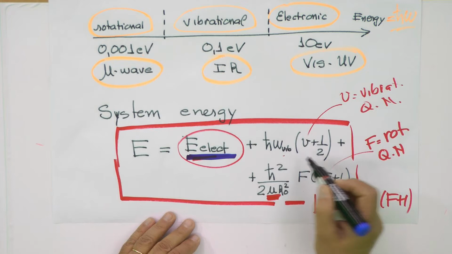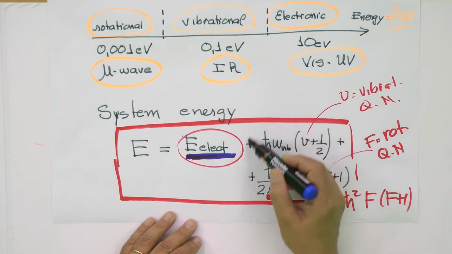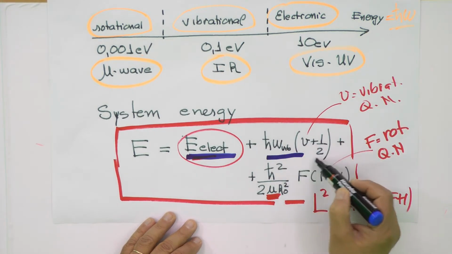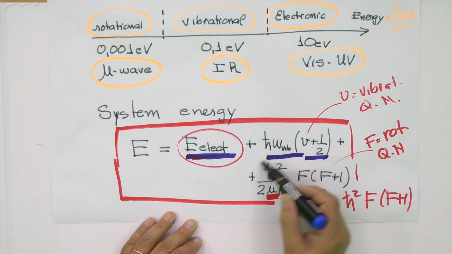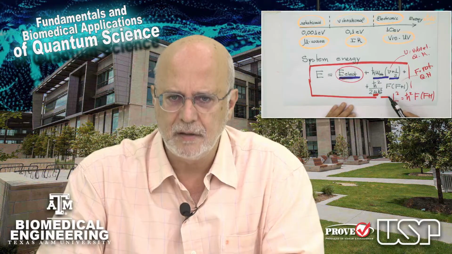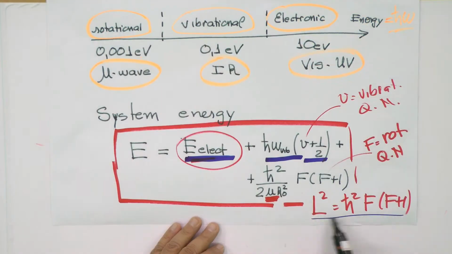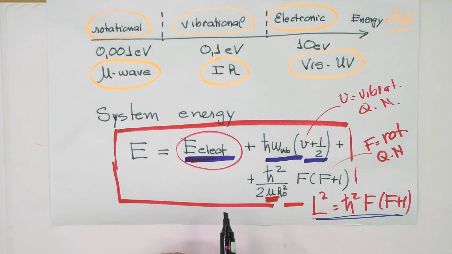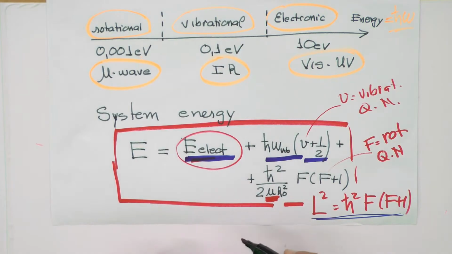But we do have a vibration, and then we have the quantized vibrations, and it's like a harmonic oscillator, and we have a rotation, which is like a rotor. You know, the rotor is very interesting because the angular momentum is always like this. So we have these three components of energy. And of course, when we make an energy diagram, we have to consider everything.